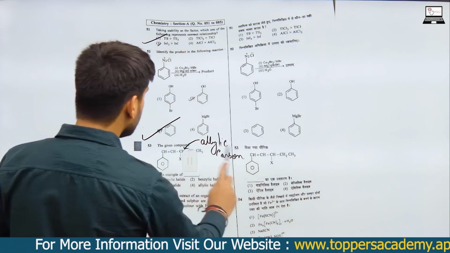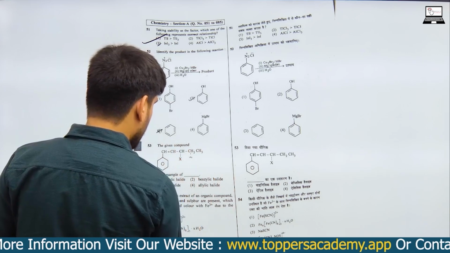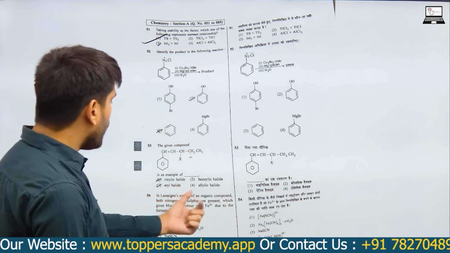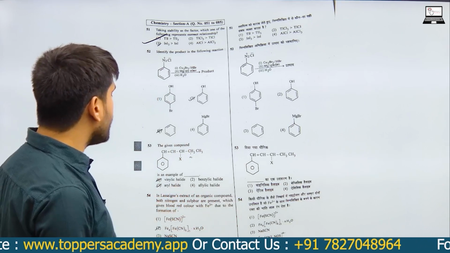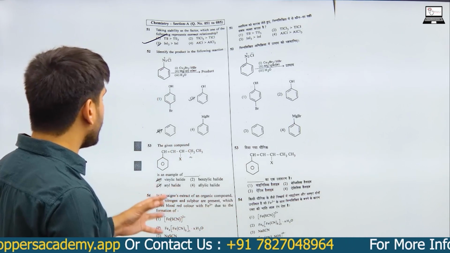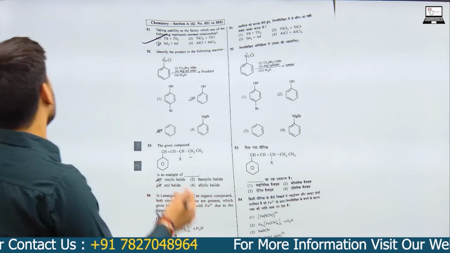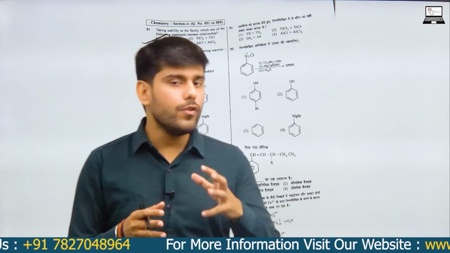Now next question. The question says that in Lassaigne's extract of an organic compound, both nitrogen and sulfur are present, which gives blood red color with Fe3+ ions due to the formation of... We know that we prepare the sodium fusion extract, right?